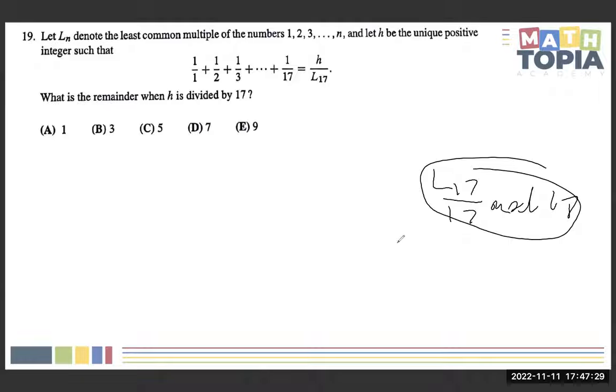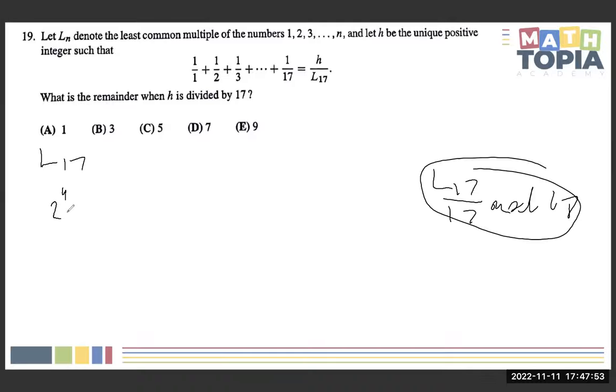Well, now we have to find L17. But that's a much easier process than it sounds. Let's just do the process and I'll show you the quickest way. For 2, what is the power of 2 that needs to be in L17?